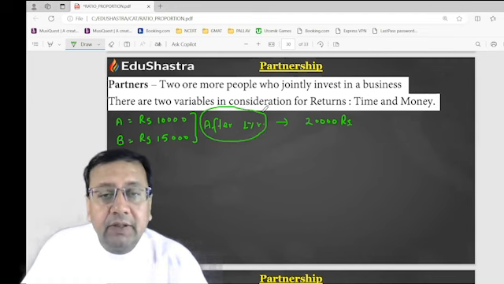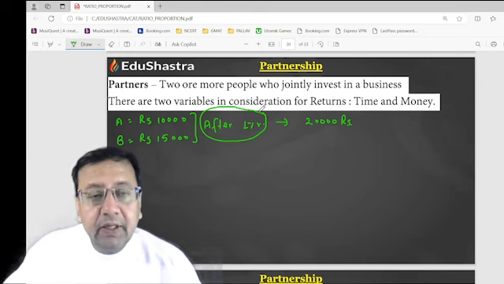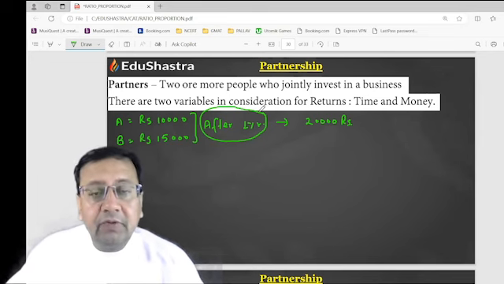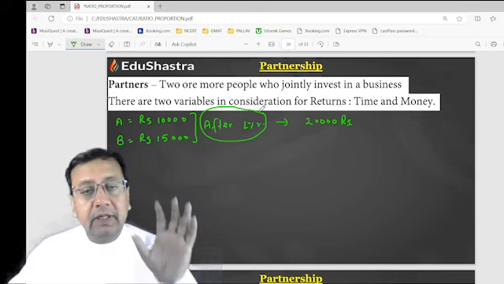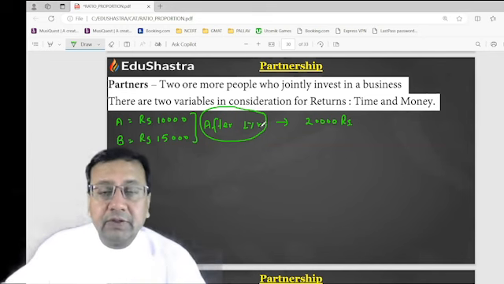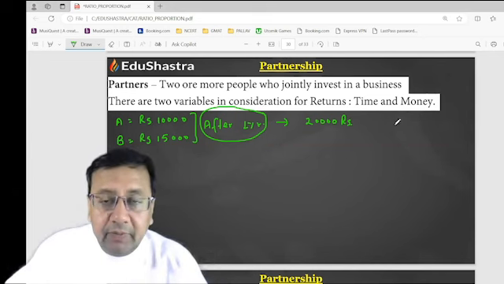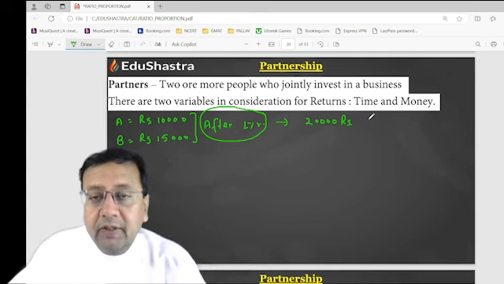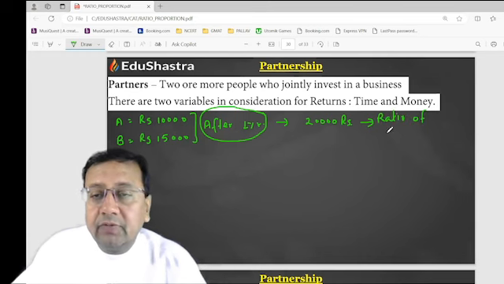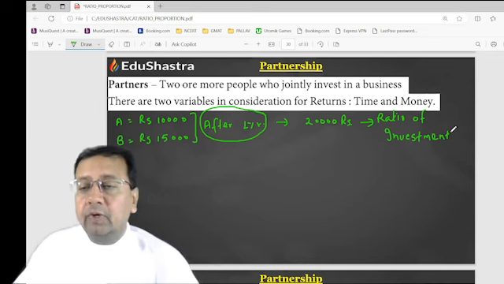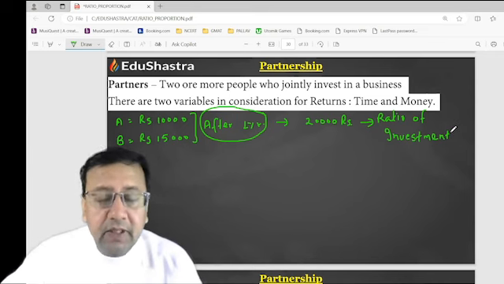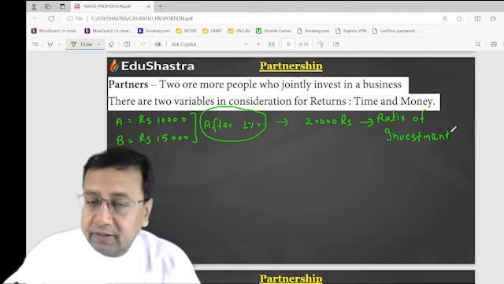These two persons, A and B, have put in their money for exactly 1 year. So the time duration is constant. If the time duration is constant, the profit will be divided in the ratio of investment. Whatever each person is investing, profit will be divided in this ratio.